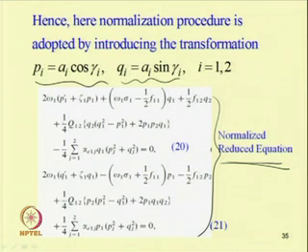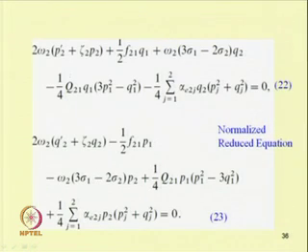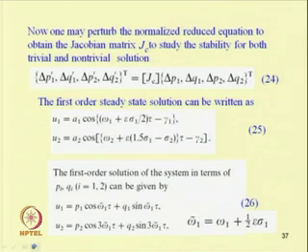So, we can have a set of equations in terms of P 1 dash, Q 1 dash, P 2 dash and Q 2 dash. These are uncoupled, unlike in terms of A and gamma. So, now one can easily perturb these equations to find the response or stability of the system.